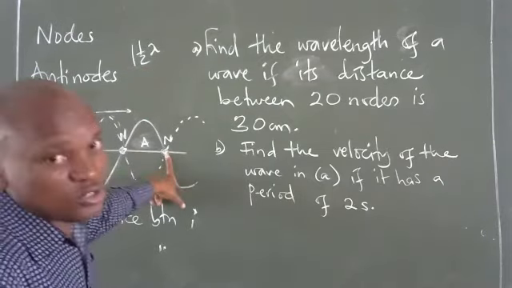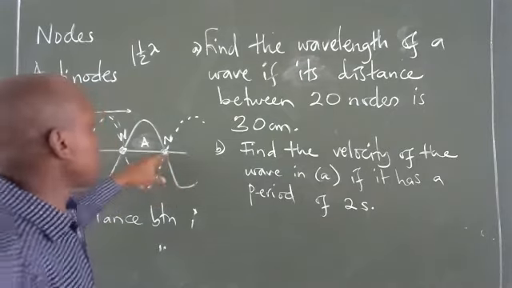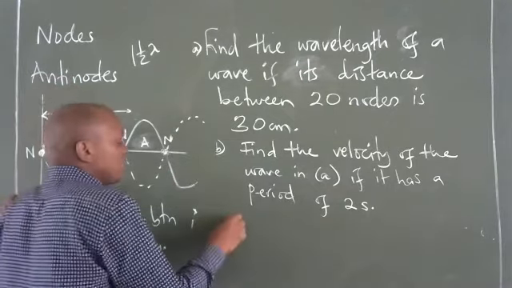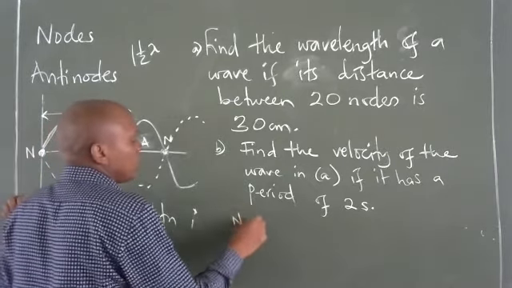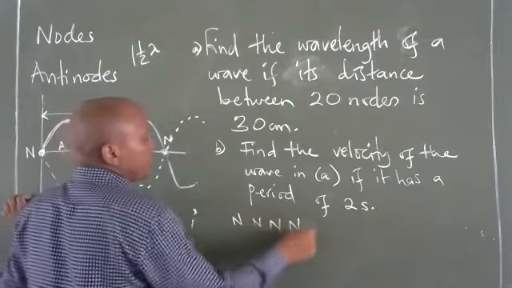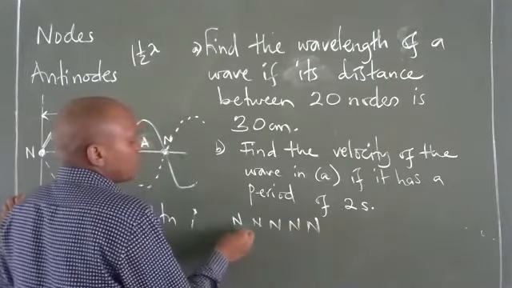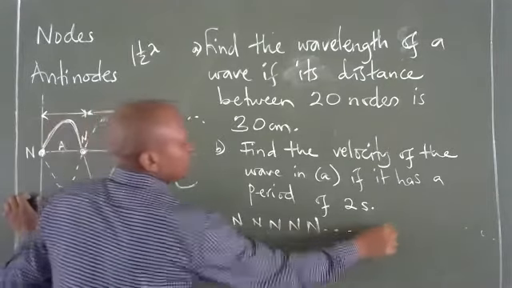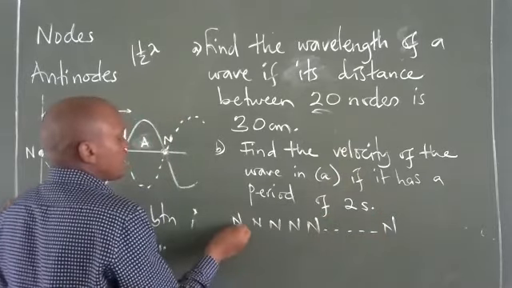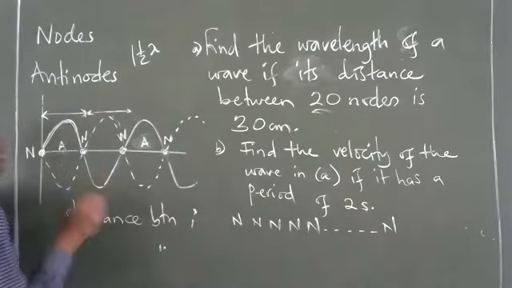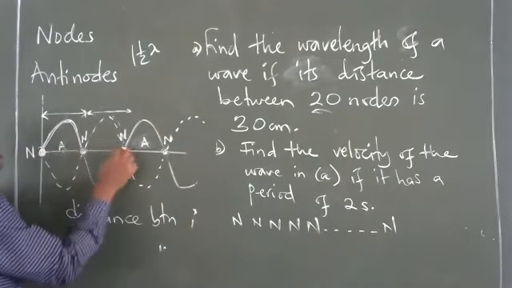There are 4 nodes. So what you do, maybe you can write down the nodes. There is a formula we said the other time, but you can write down the nodes: 1, 2, 3, 4, 5, up to 20, because I've said 20 nodes. Then you check from here, because one wavelength is between 3 nodes.